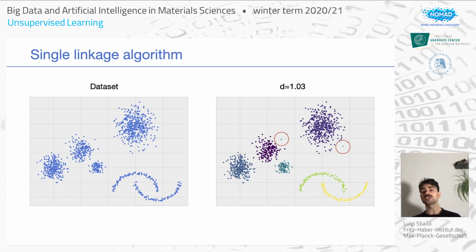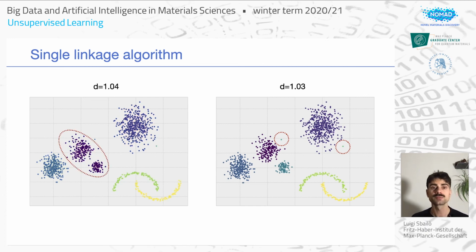To solve this problem, the most trivial solution that we might have is to simply increase the value of the threshold distance. So here we have 1.03, and we increase this value, and let's see what happens. We pass to 1.04, and the two blobs in the center have merged.